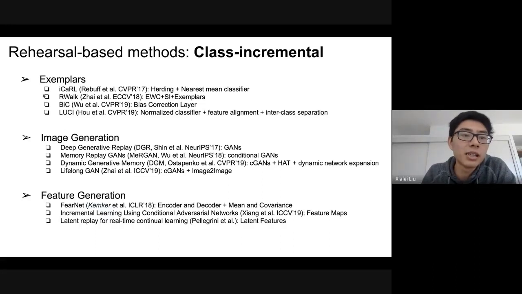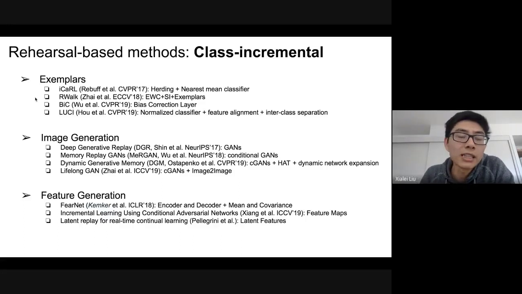The first one is exemplar-based. The idea is very simple: keep a small amount of data from previous tasks. For example, in iCaRL, they propose a way to select which exemplars to keep. They call it herding, and they also use the nearest mean classifier as the evaluation method.